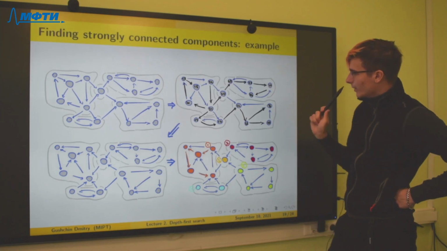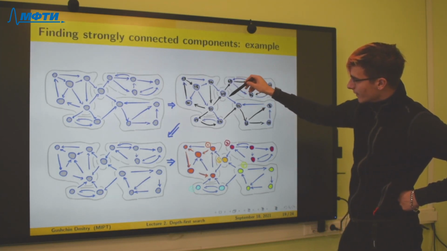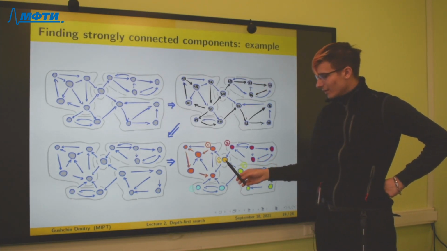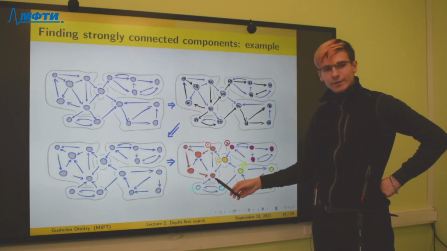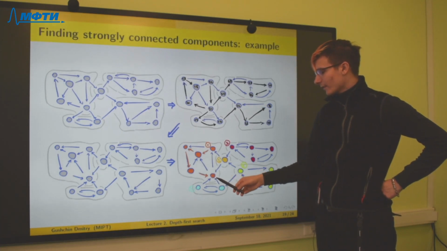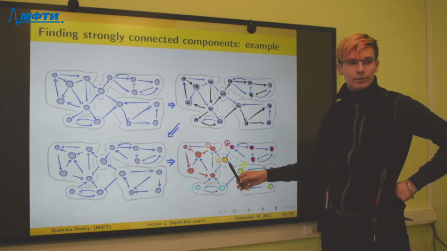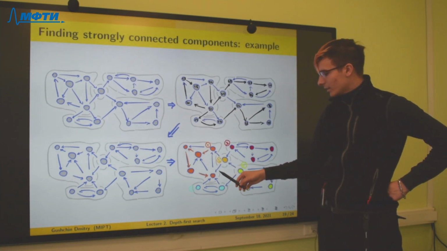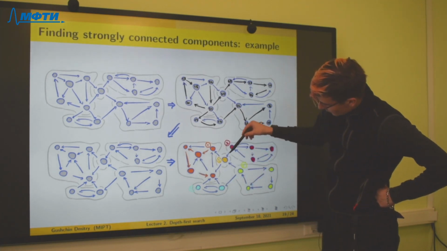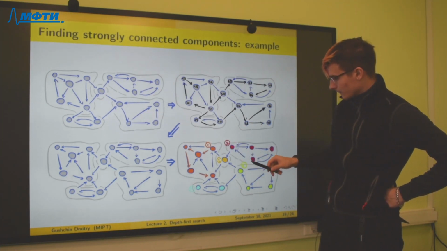So we repeat our algorithm from this vertex, but of course we cannot explore vertices that we explored before. For example, we see that this orange vertex was explored before and is contained in this strongly connected component. So we see that, and these two.